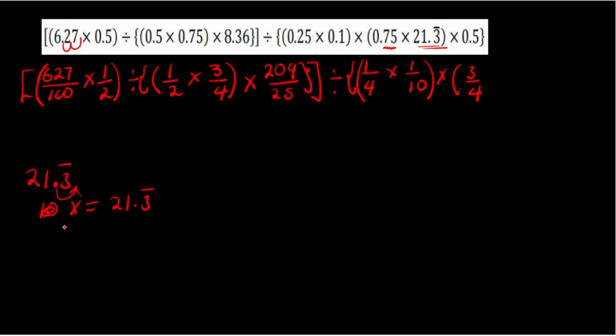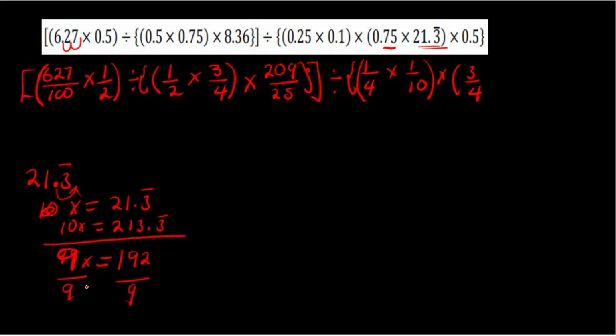Let's move behind the number that is repeating, that is 1, right? So it will be 10x equal to 21.3 recurring, then 9x equal to, when you subtract, 213 minus 21, we will have 192 divided by 9.